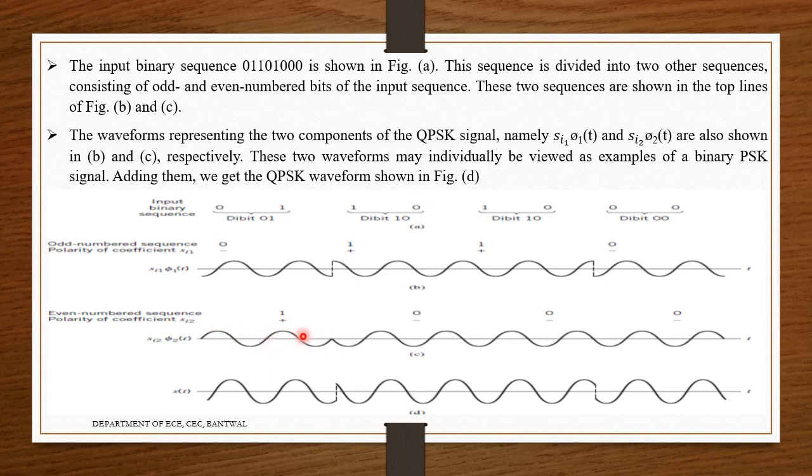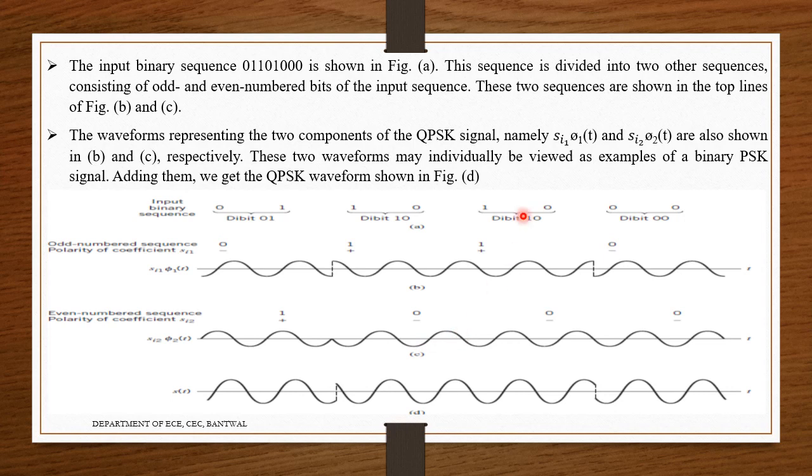Okay. Now the next one, 1 and 0. 0 means it has started from here. 1 means it has to start from here and end here. Then 0, the sine was done this way. Since it is 0, it has started this way till here.